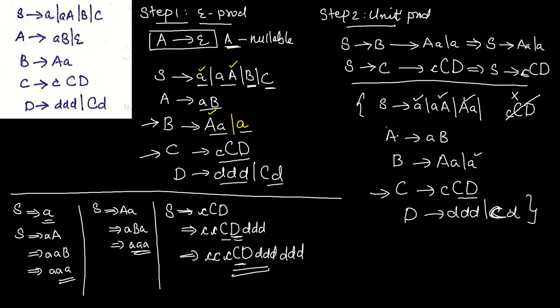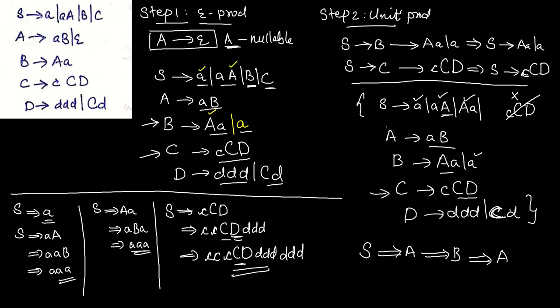Now you have to see which are the useless symbols. To find the useless symbol, you just see which are the symbols that are reachable from this S. So starting with the S, we can reach A. From S we can reach A, that is possible. And from A we can reach B, that is also possible. And from B, what happened? It will again go back to A only.